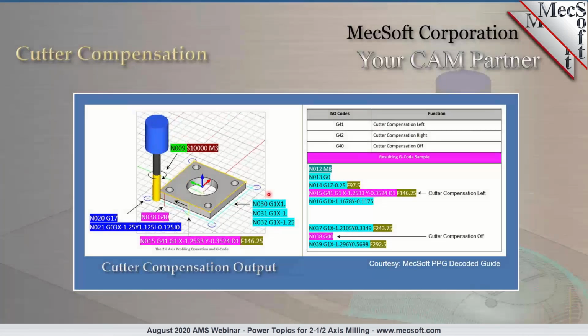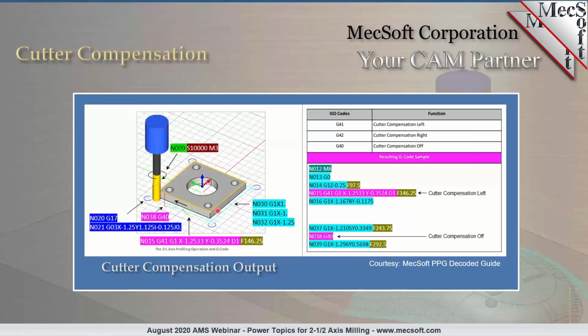Now, in the following slide, you'll see we have a profile toolpath for illustration of cutter compensation. The cutter compensation is output on the first linear move on your entry. In the sample output code, you'll notice there's a G41 right after your plunge move, at the beginning of your first XY move, turning on the cutter compensation.